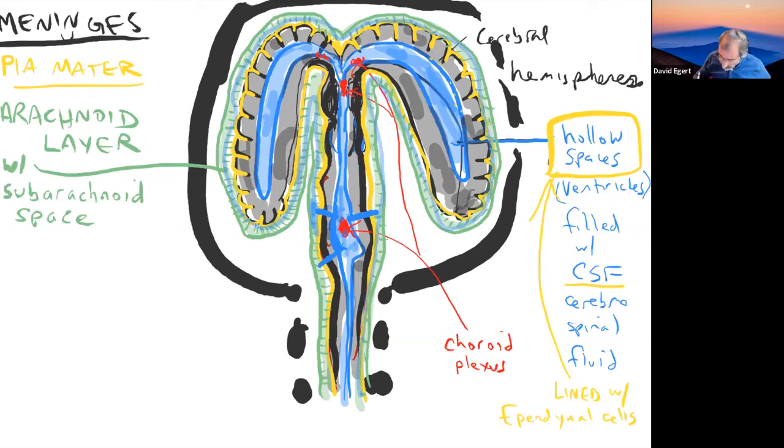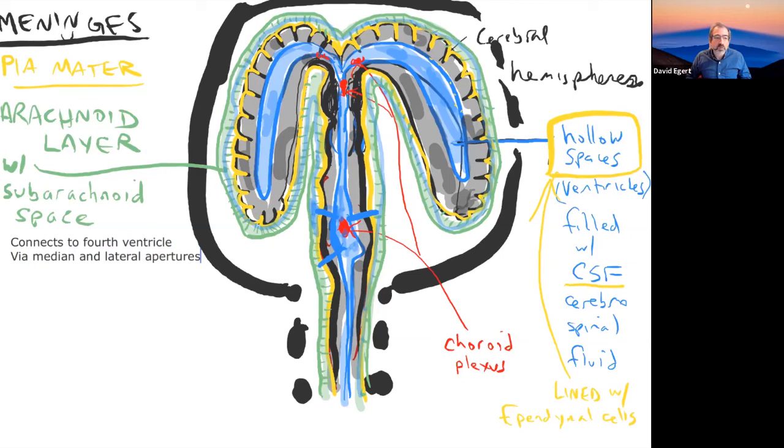Maybe I can use my typing tool because it'll be easier. Actually, this is smaller. Connects to the fourth ventricle: the median and lateral apertures.